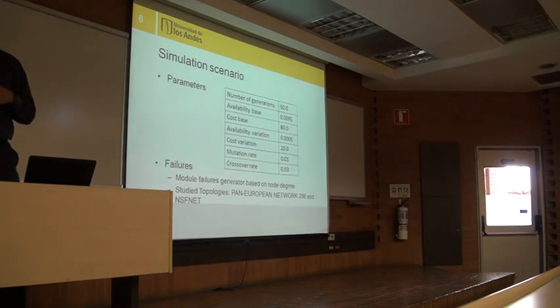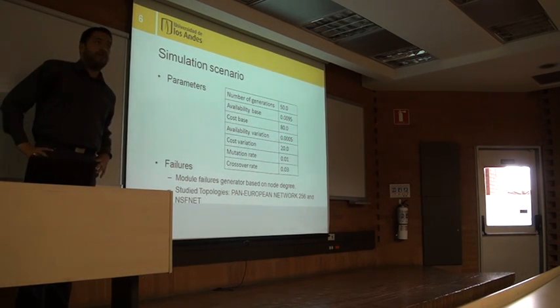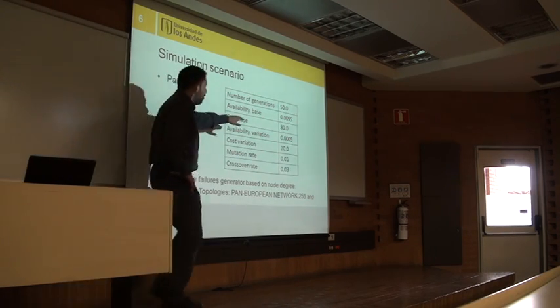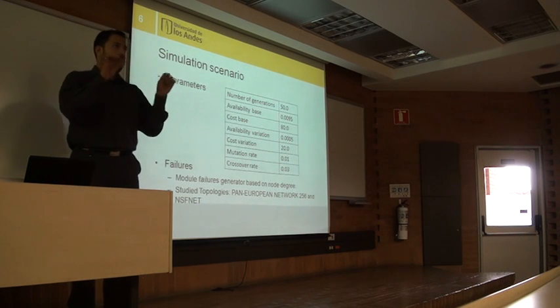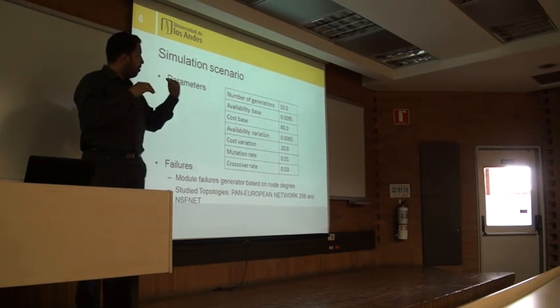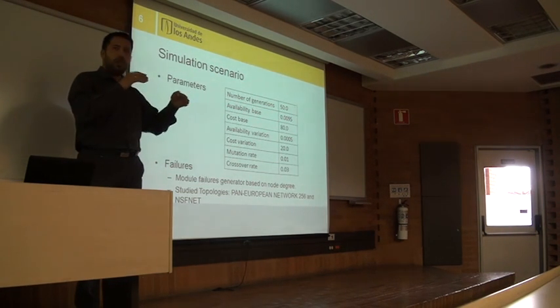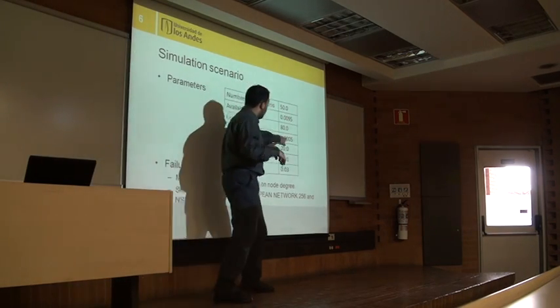These are the parameters for our simulation scenario. We run 50 generations with that availability base. It means the variation of availability of one link is between 0.095 and 0.095 plus 5.